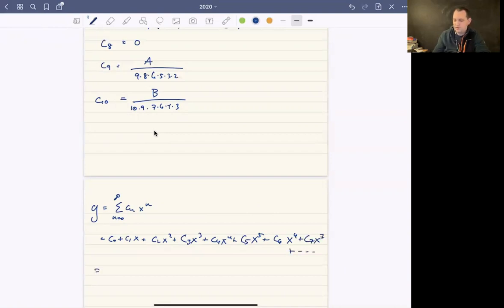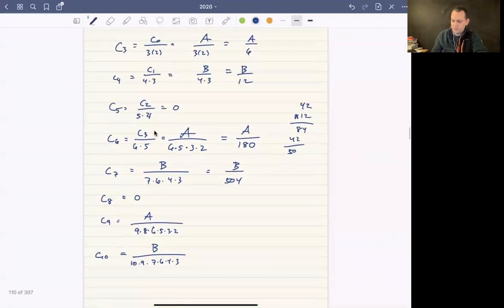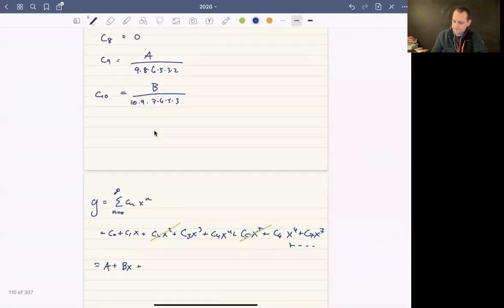And now C0 we said was A, C1 we said was B, C2 is 0. So the x squared term is gone. Actually, C2, C5, and C8 were 0. So every third term there goes. And then C3, I have to go back up and look, we said was A over 6.